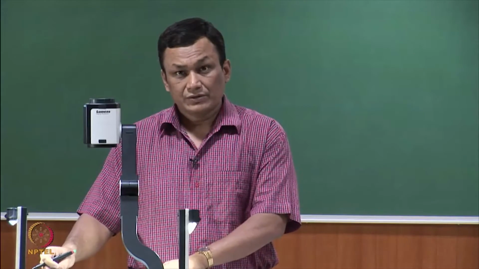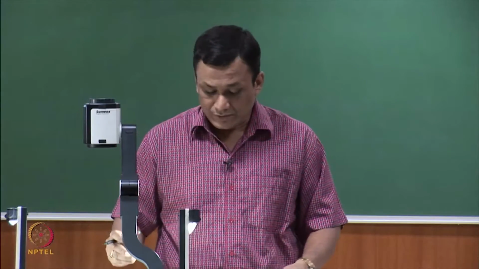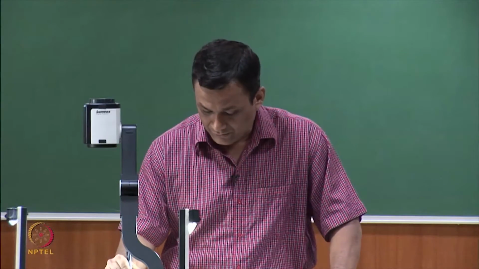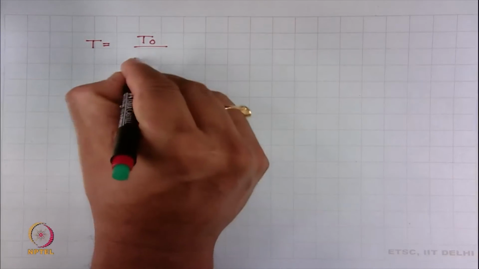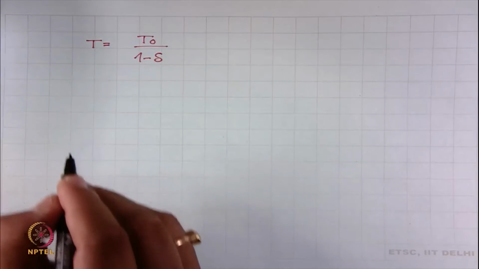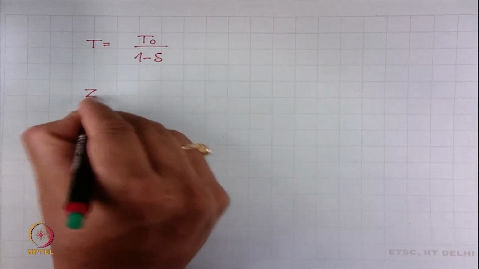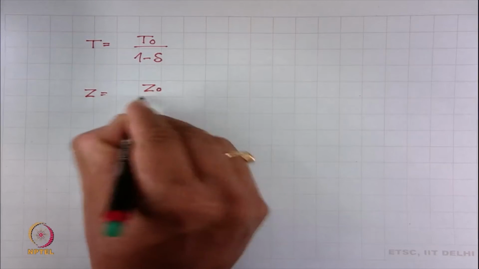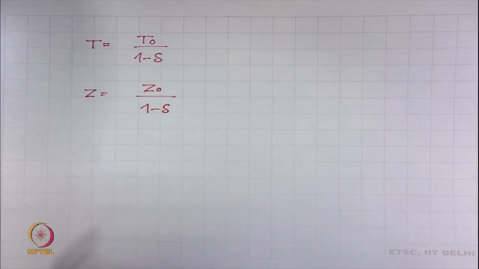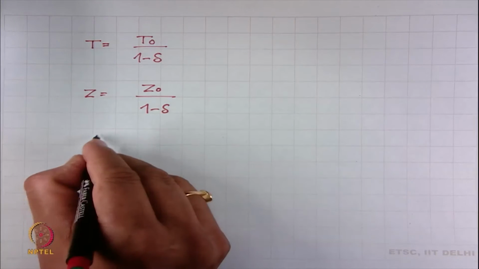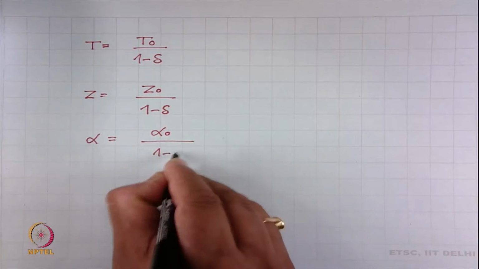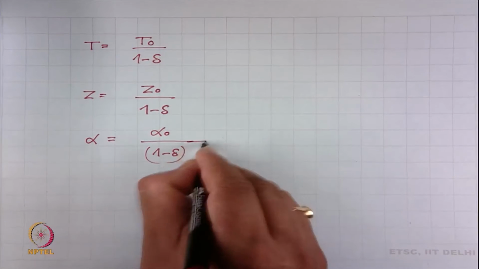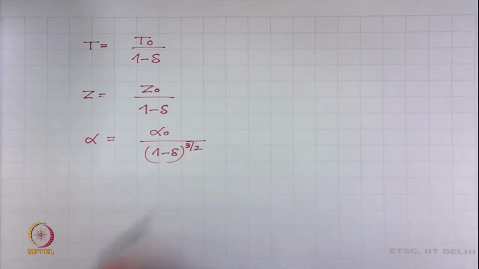So, you remember three relations that we will use later on. First was T naught by 1 minus retraction, second was Z naught 1 minus retraction, third was alpha naught 1 minus retraction to the power 3 by 2.